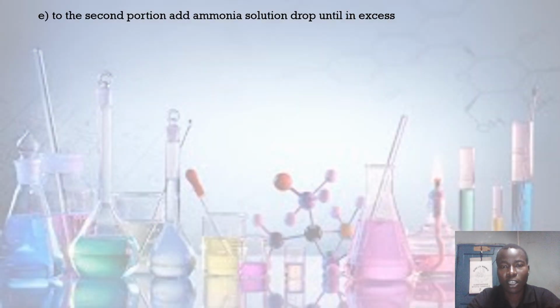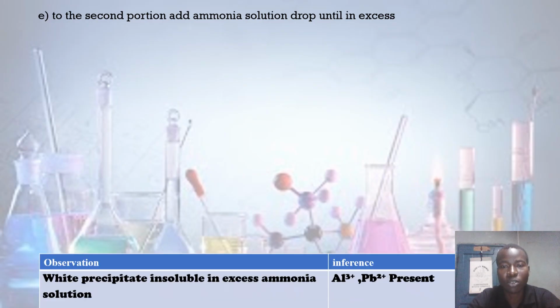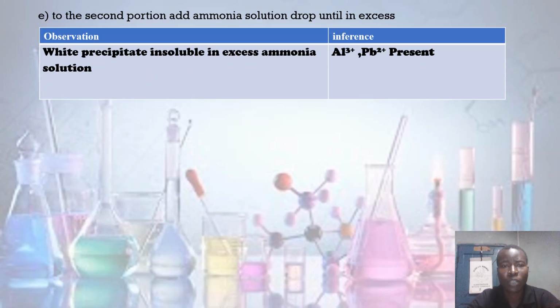Next, we have ammonia solution, addition of ammonia solution until in excess. If you have it forming a white precipitate insoluble in excess, it will imply aluminium and lead are present. Remember, this ammonia usually helps us in the first step.